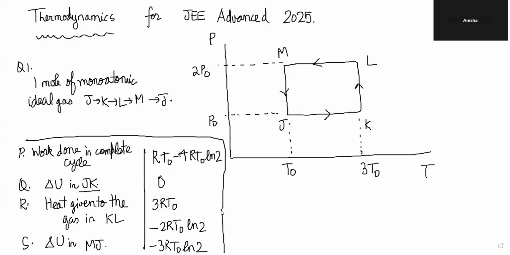These are the type of questions which are guaranteed marks as long as you know your basics. This is JEE Advanced 2024. So try it out and see what you are getting.